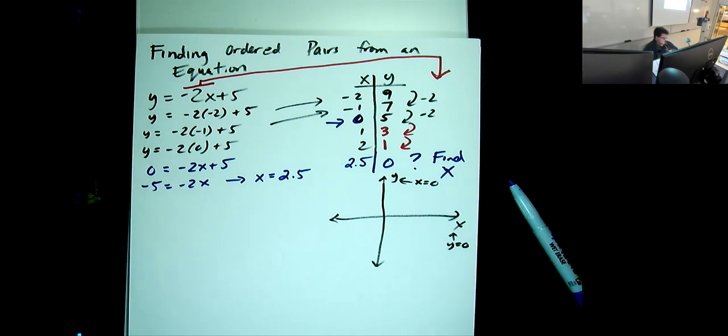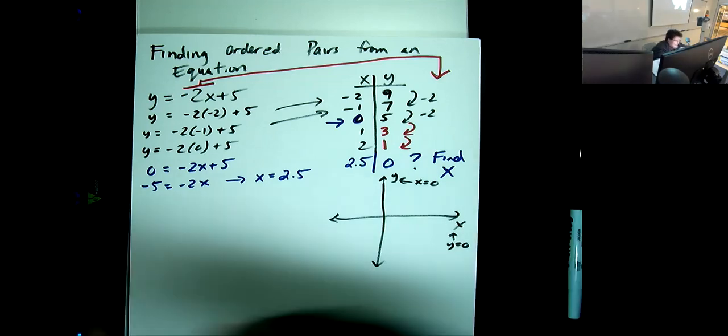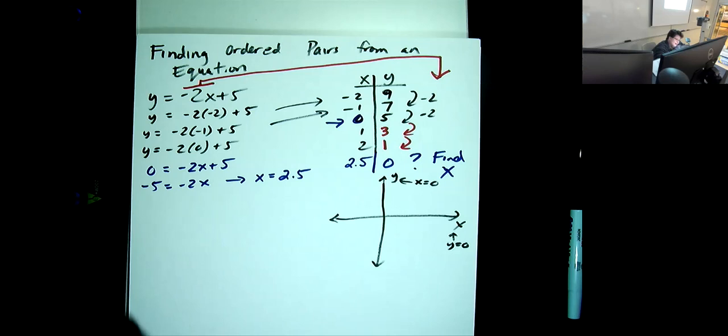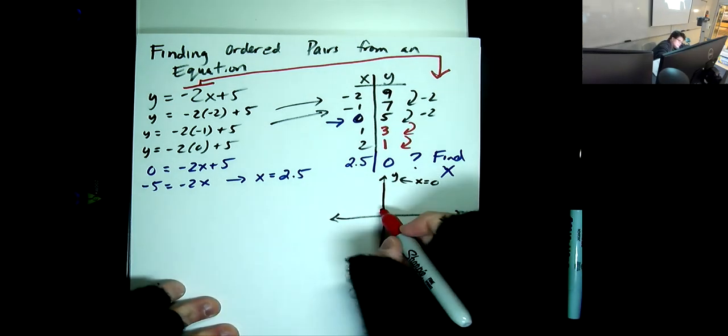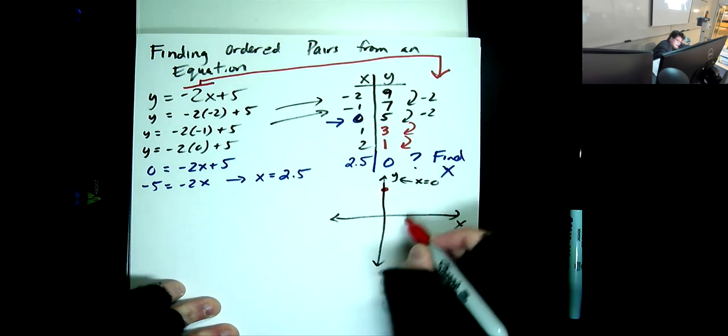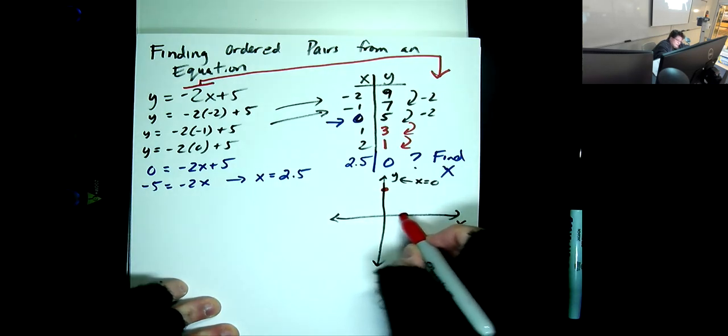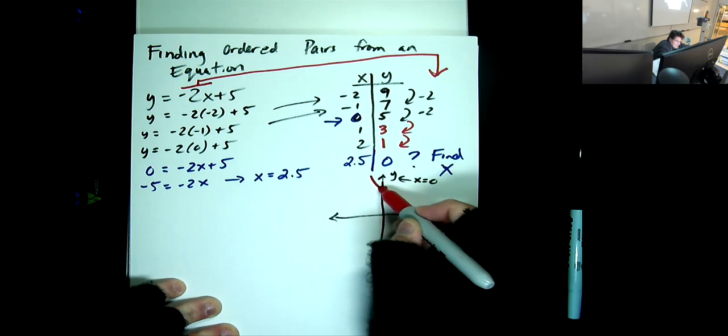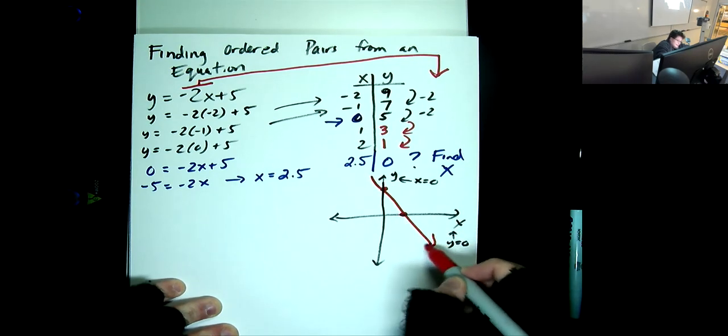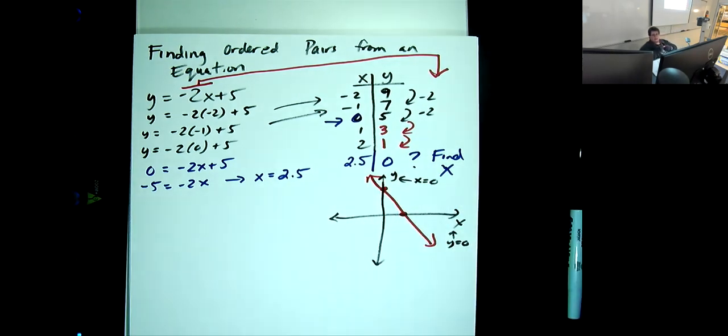So if I draw the 2 points that I have for those values, I've got (0, 5) and (2.5, 0). If I connect the dots to make a line, I can see the graph that way. And so for a straight line, you really only need 2 points to make the graph.